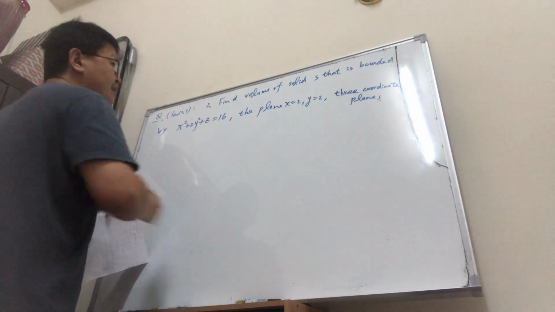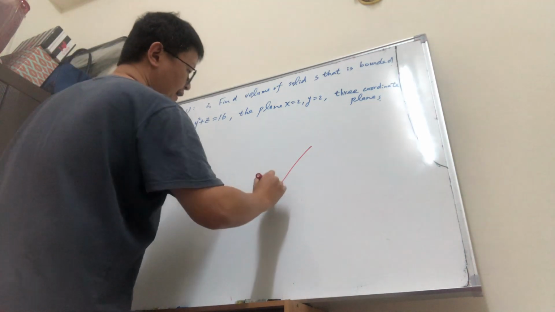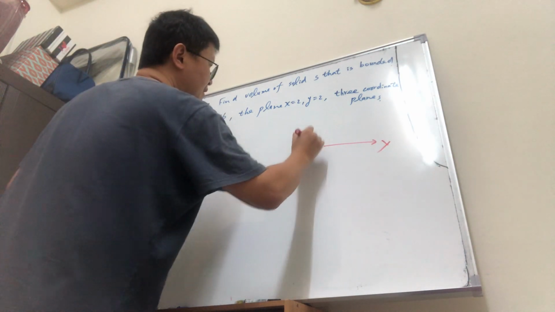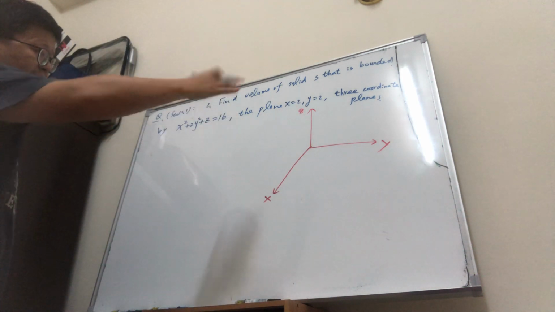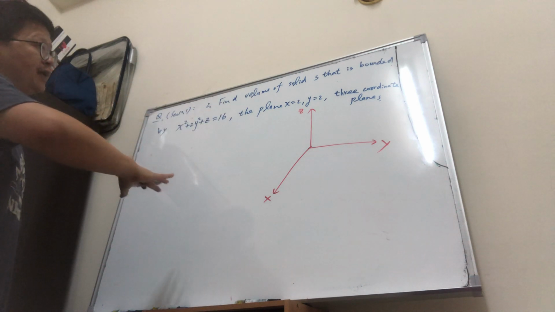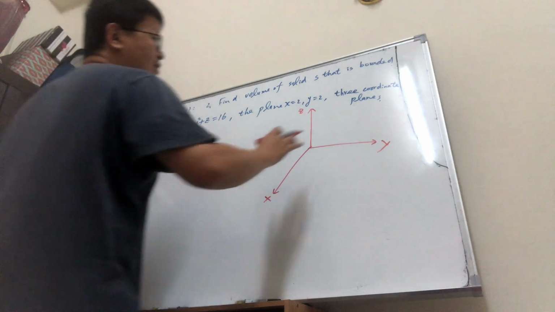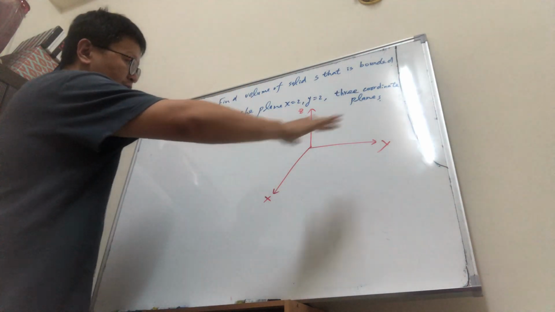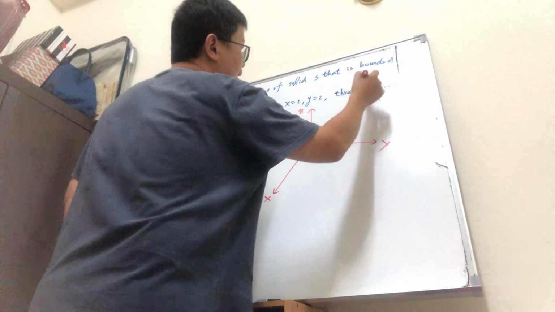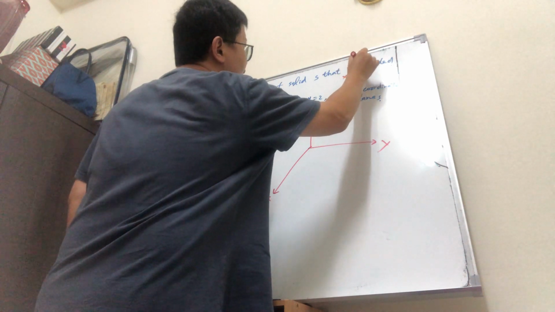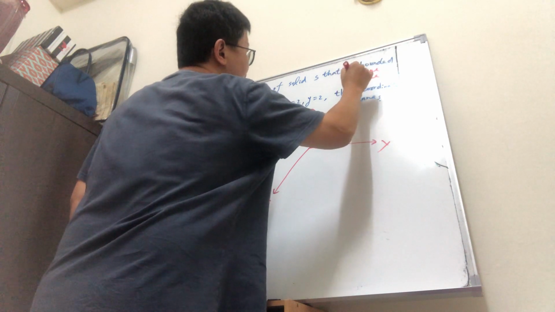3 coordinate planes means that we have the x-axis, y-axis, z-axis, right? So the 3 coordinate planes are the xy plane, the yz plane, and the xz plane.